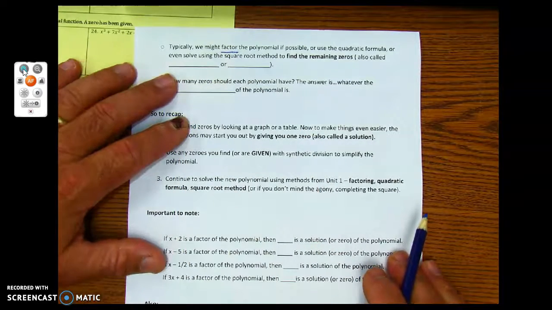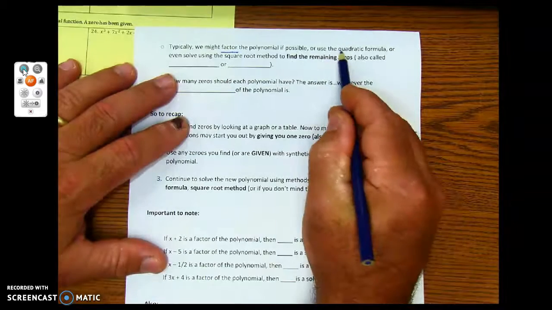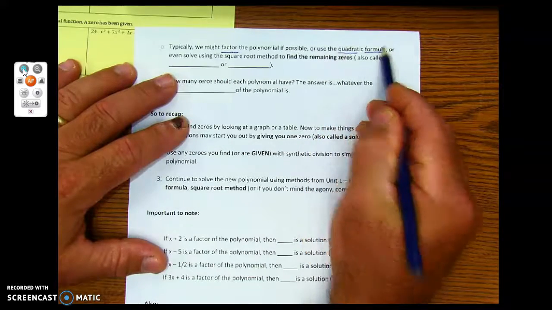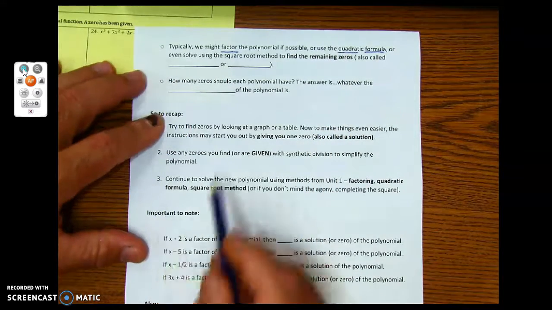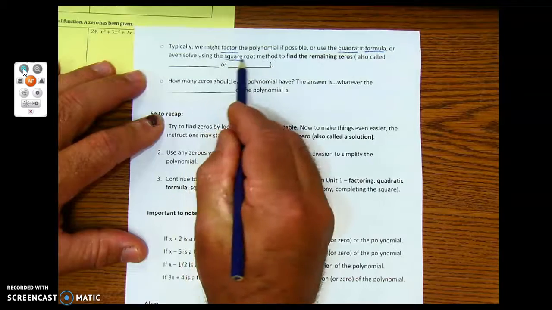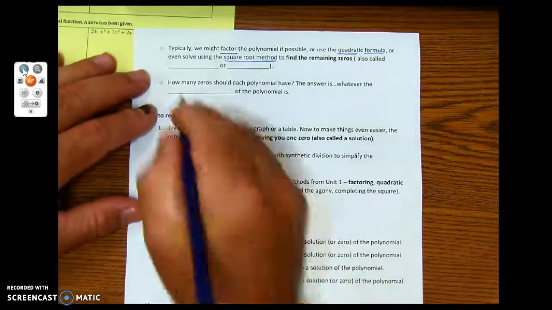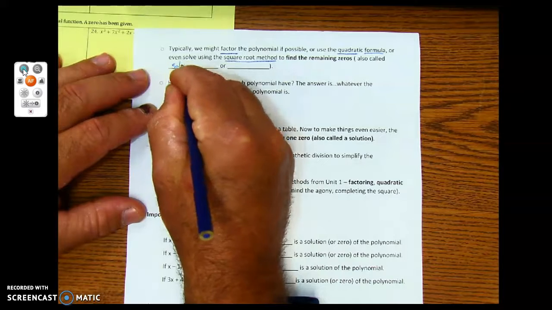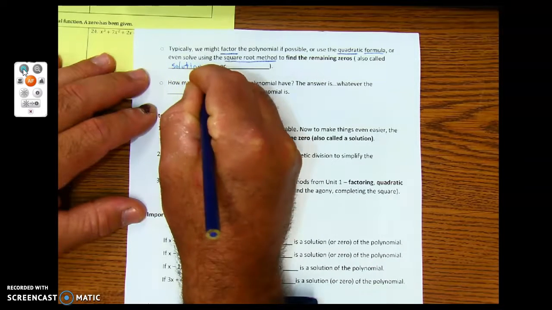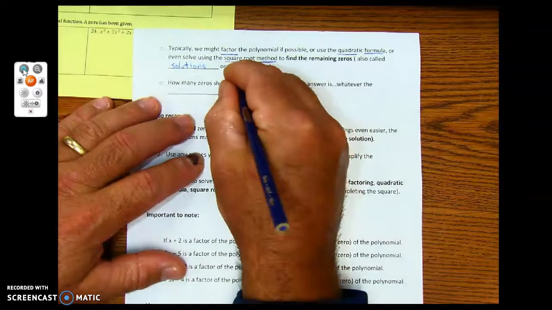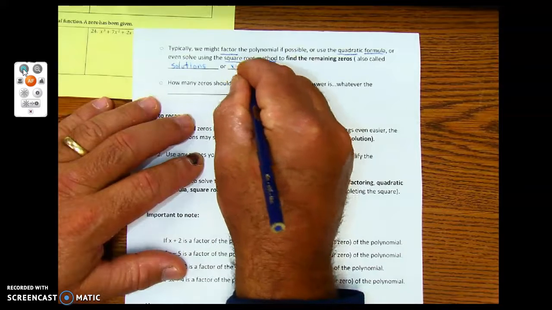We might factor the polynomial to solve it, use the quadratic formula, or even use the square root method to find the remaining zeros. Remember, zeros are also called solutions or x-intercepts.